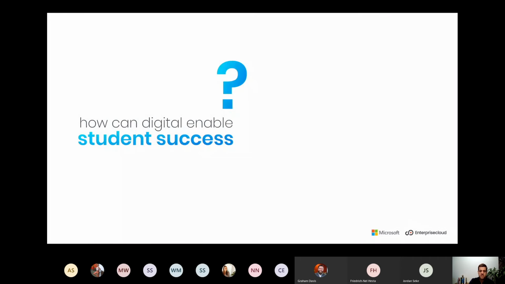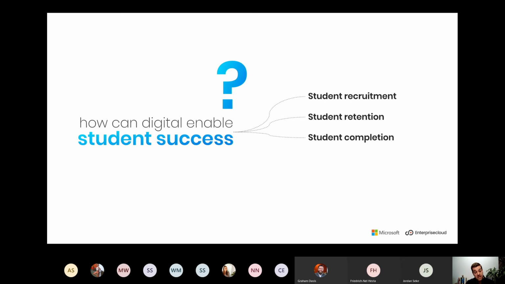And the big question that we're seeking to answer now in the second part of the webinar today is, how can digital enable this student success? And when we look at the Microsoft Education Transformation Framework, there were really 4 areas that we want to focus on. First is student recruitment. The second one is, now that we've recruited them and we bring them in, how do we retain them and keep them going? Then how do we make them successful?